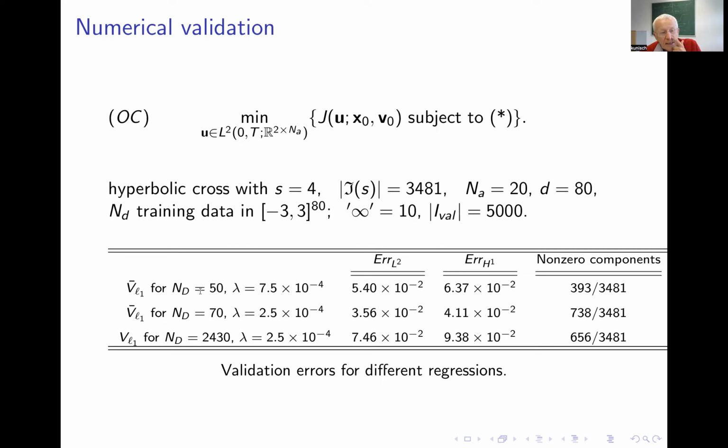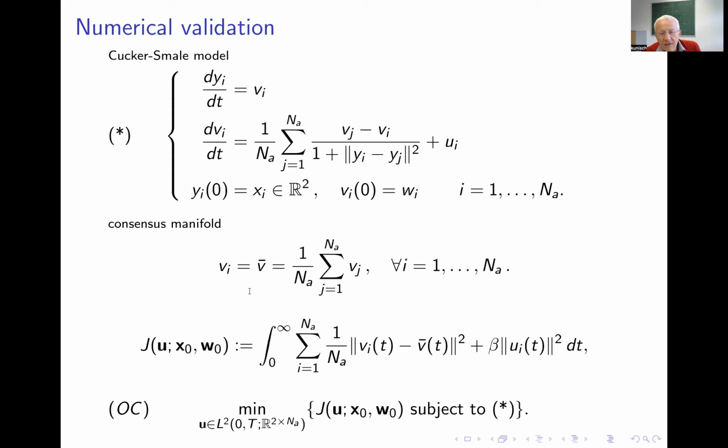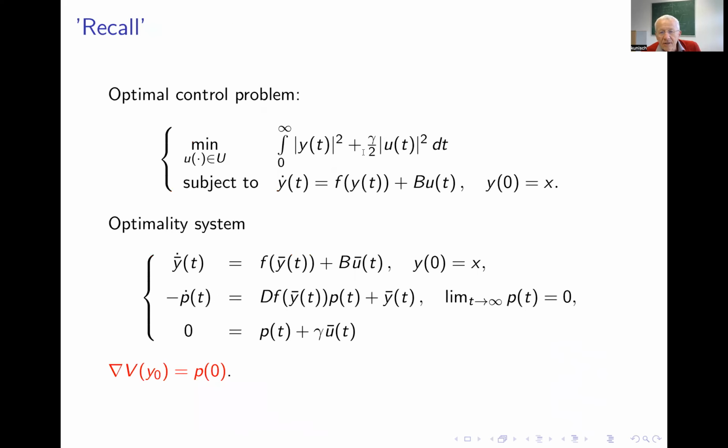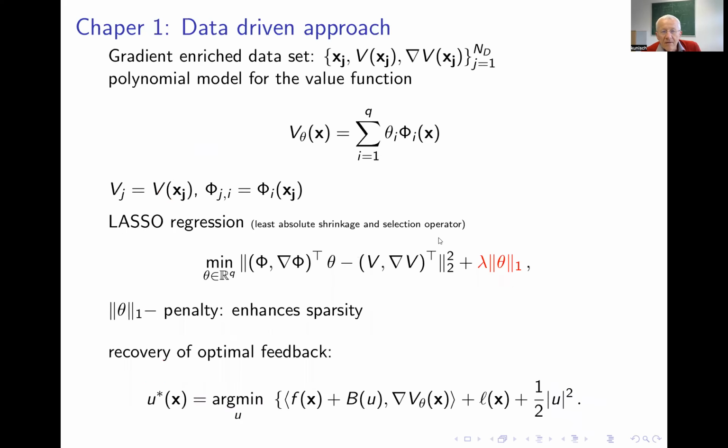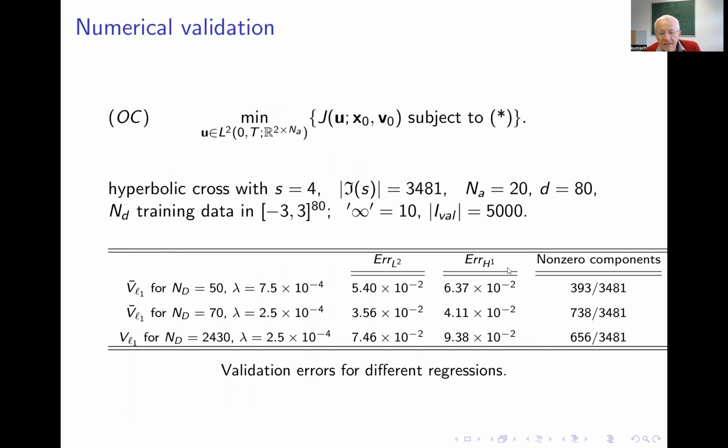Okay. Now I give you the numbers for 50 training points and the cost in the L1 regression here. Where did I put the L1 regression? Lambda. This regression was 7.5, whatever this is, but we are going to compare to something which is smaller.